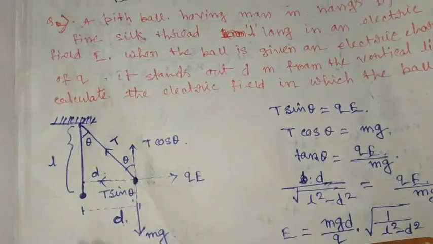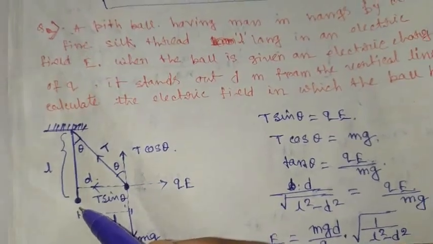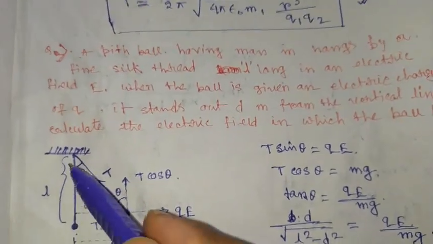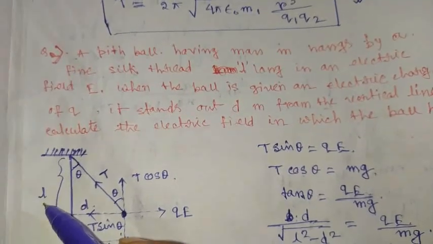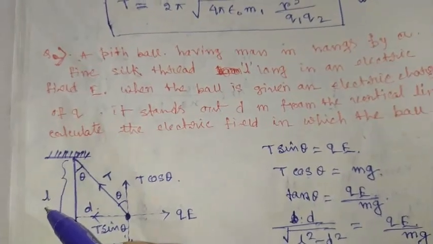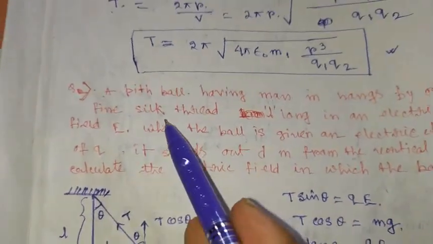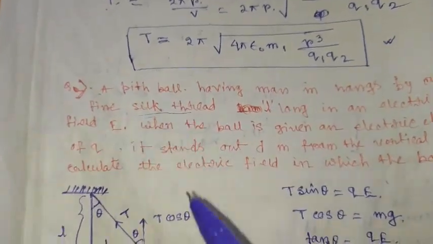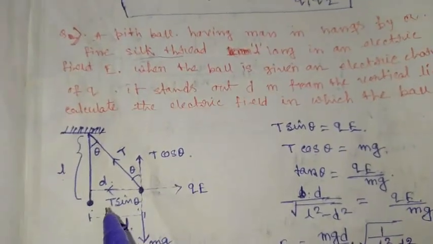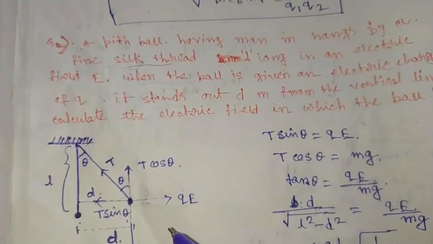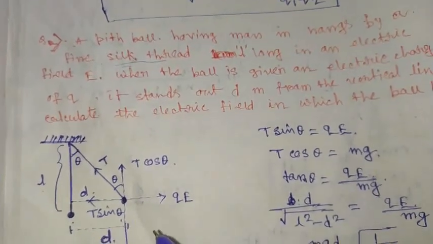before giving the charge, the pith ball is stable here and hangs with the help of the L meter long fine silk thread, and previously the electric field is also present there.